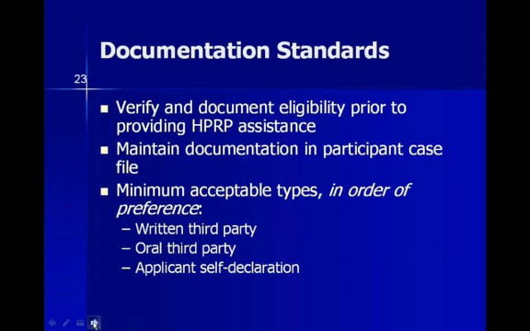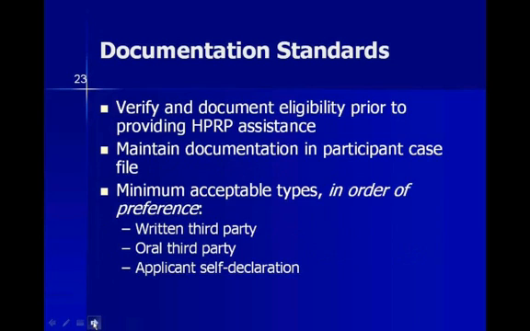Oral third-party verification is still confirmation from a third party, whether it be the income source, the shelter provider, or the street outreach worker verifying the housing status. It is obtained via oral means, which might be a phone call or a face-to-face conversation between that third party and the HPRP staff member verifying the information.